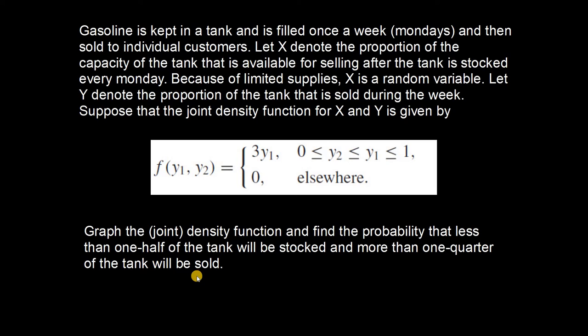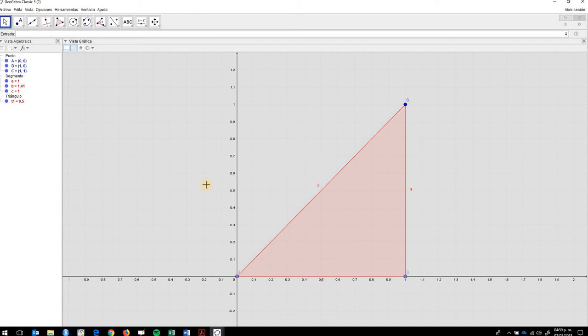So since this is a function of two variables, x and y, this graph is not going to be a graph in the xy plane, but a graph in a 3D space. So before jumping into this 3D space, let's try to figure out how to begin.